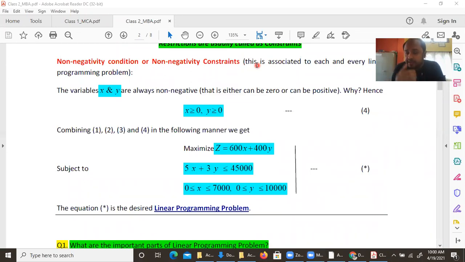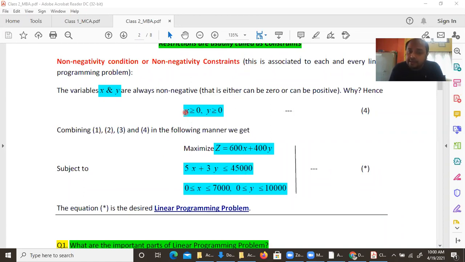So these variables x and y are called decision variables. If anybody wants to say anything, he or she can write in the chat box. Now, the variables x and y are called decision variables.